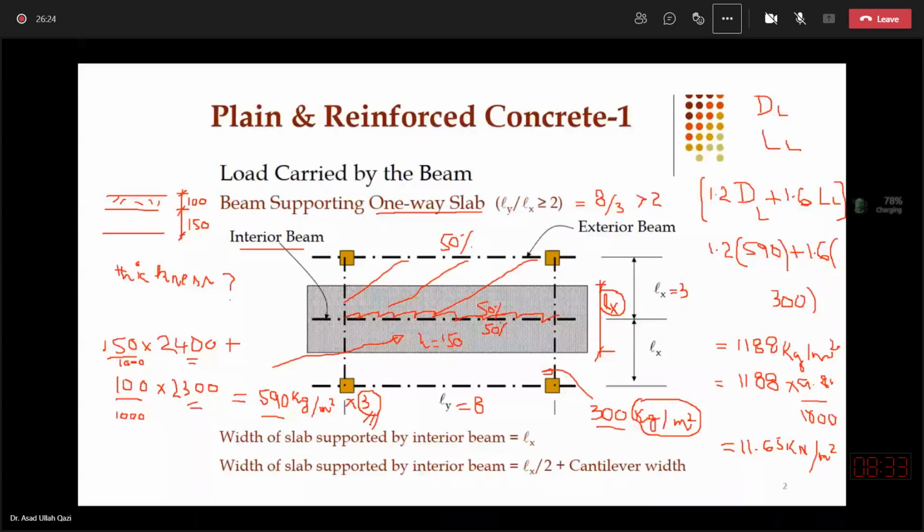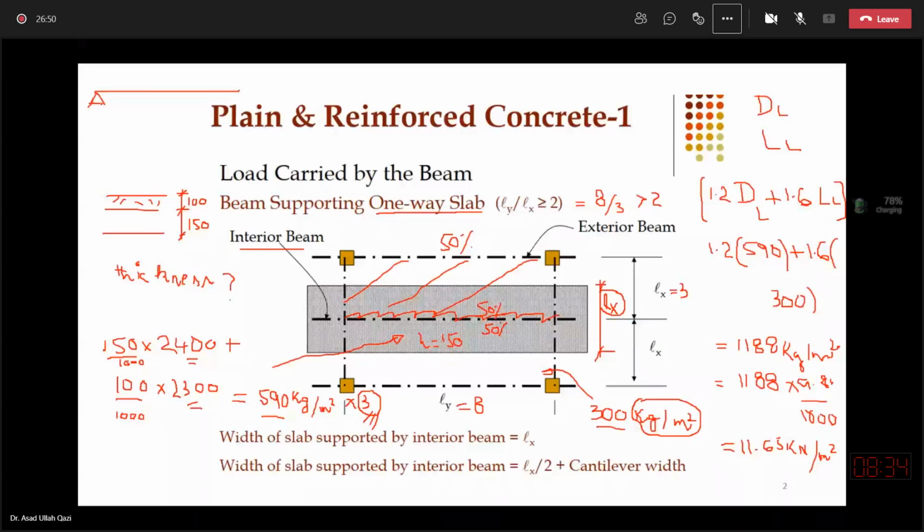So this ultimate pressure multiplied by 3 will give me the UDL on this beam. So this beam, which has a span of 8 meter, is resting on other beams, spandrel beams. So this is a secondary beam and it is resting on this primary beam.